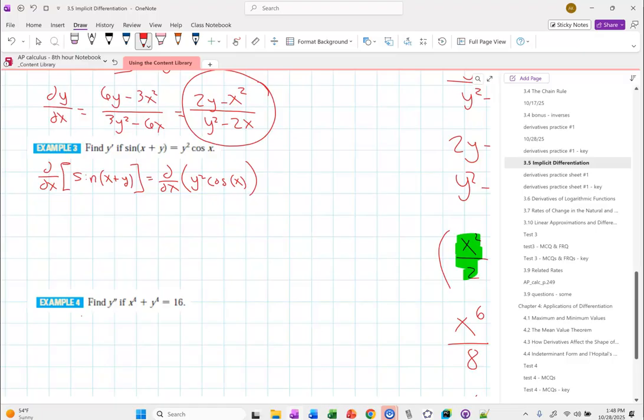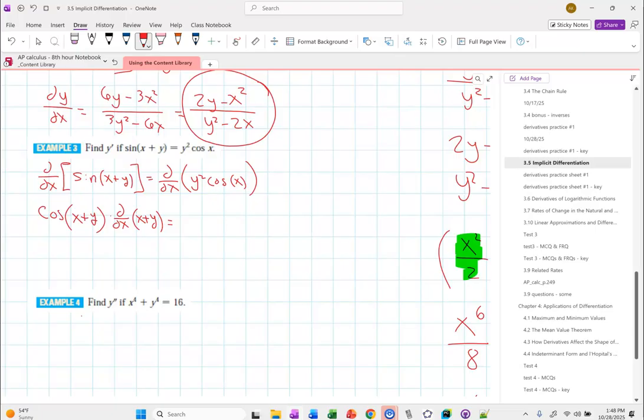So if I look at the first piece, I'm taking the derivative of sine of (x plus y). That's a chain rule. The outer function is sine, so the derivative of sine is cosine of the inner, and then times the derivative of the inner. We'll get to that in a moment.